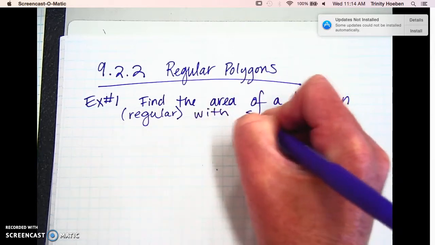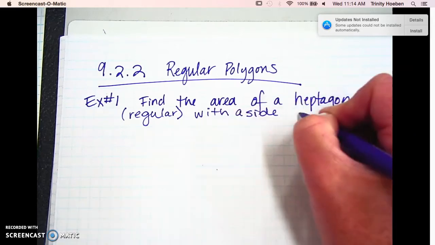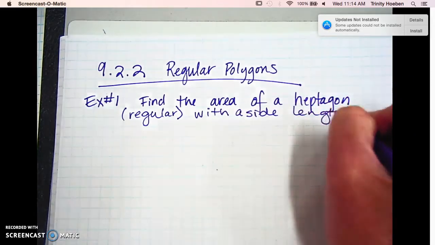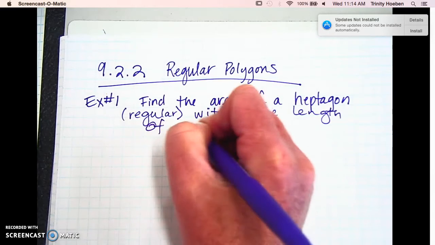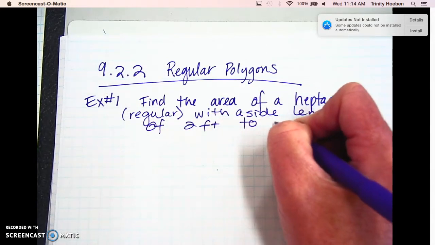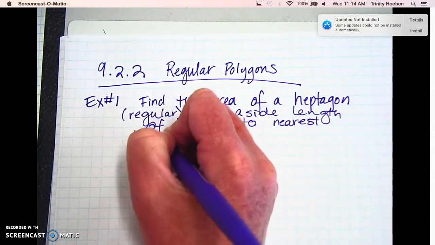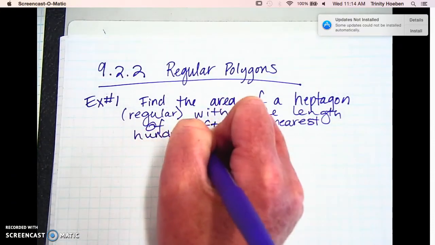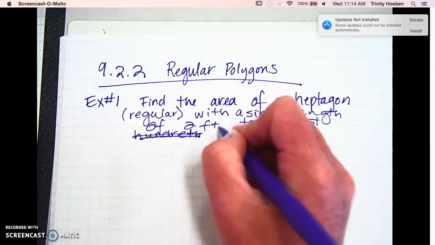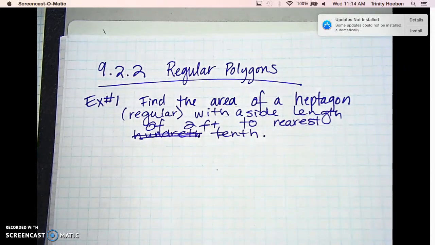And it's going to have a side length of 2 feet. And we want our answer to the nearest hundredth. Sorry, no, tenth. To the nearest tenth. Okay?